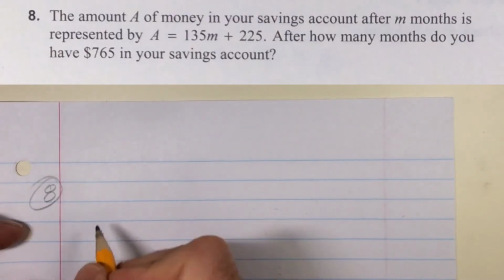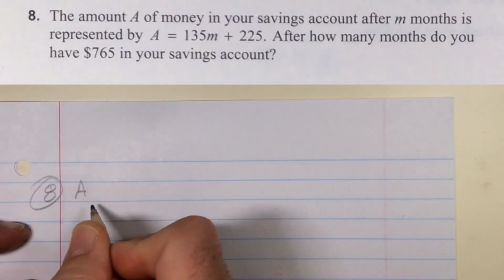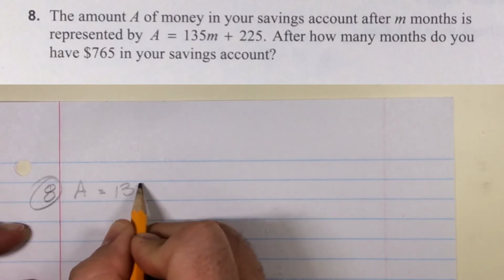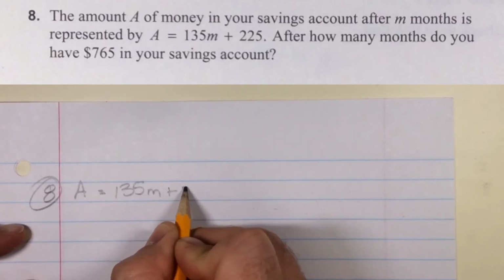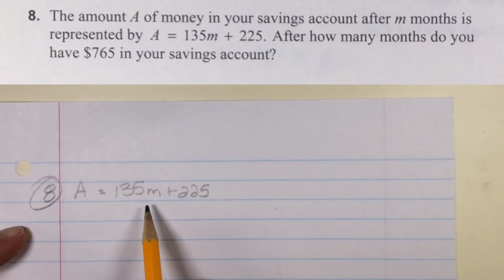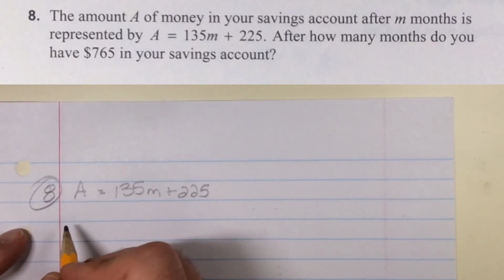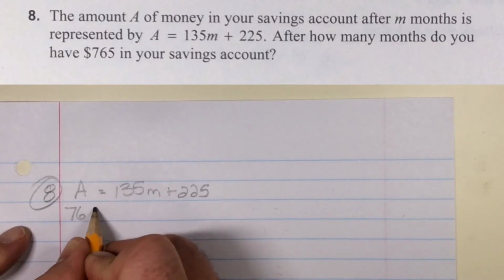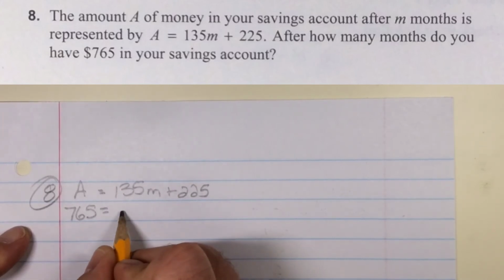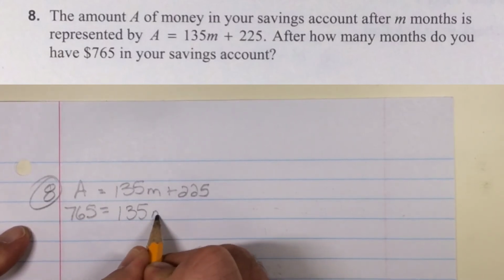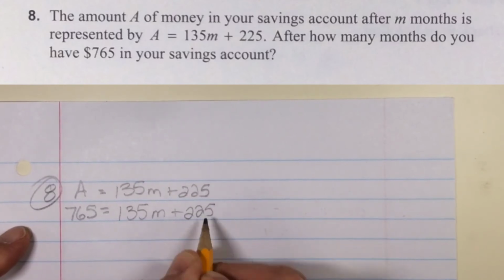For number 8, they tell us A equals 135 M plus 225. And they want to know, what does M have to be if we want $765 in our account? So 135 M plus 225.